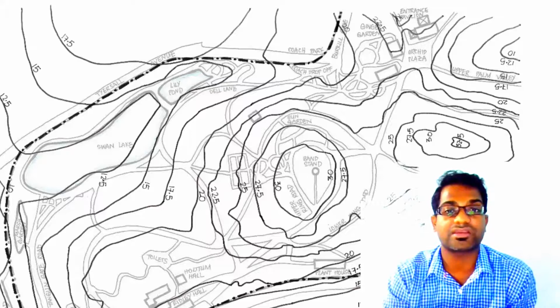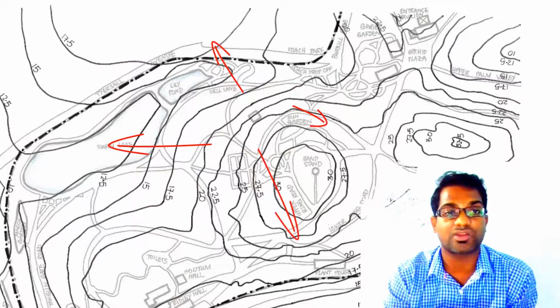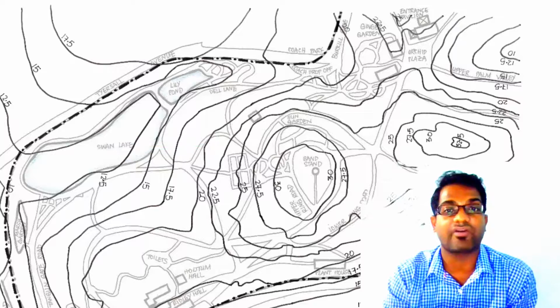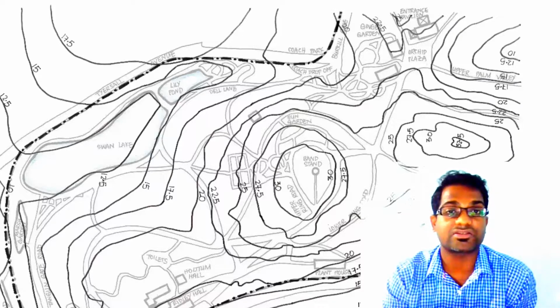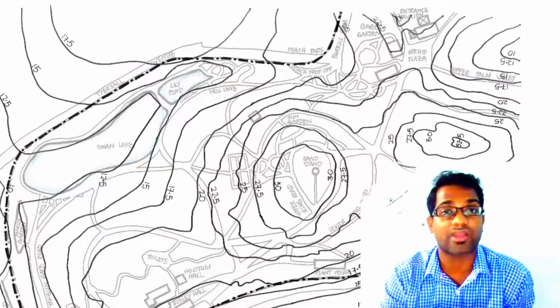You can clearly see there is a bandstand at 30 meters of elevation, and later toward the downward side the contour lines are decreasing. Towards the southern part it is decreasing, and you have again a higher elevation more than 30, which is 32.5, which is a preferable location for any reservoir. With the contours you can take decisions on where a reservoir can actually be constructed.